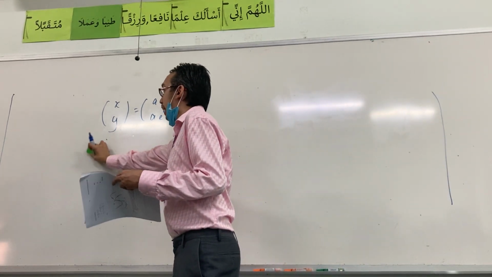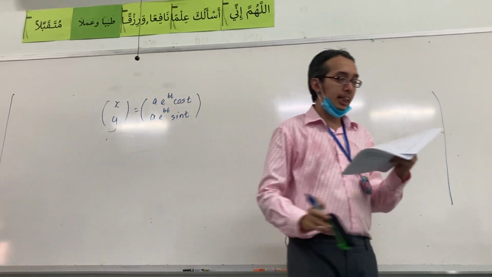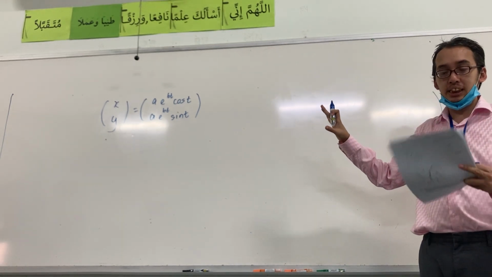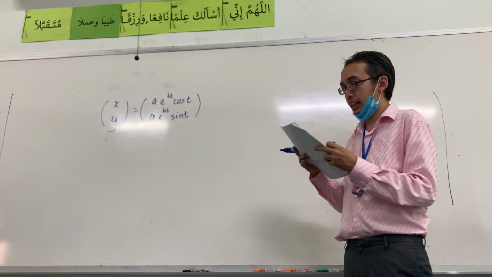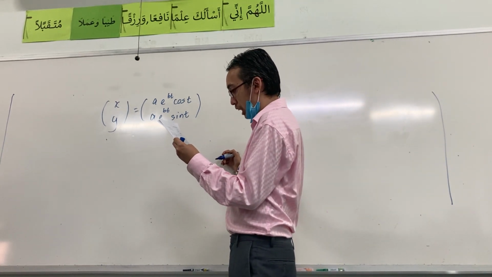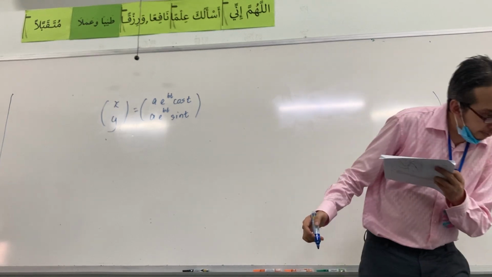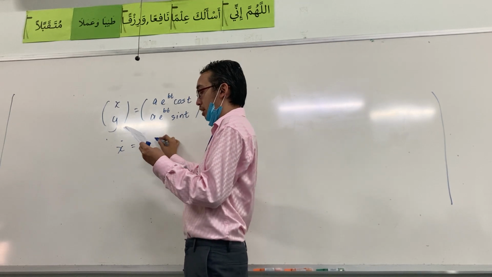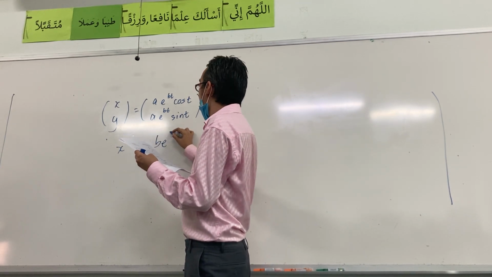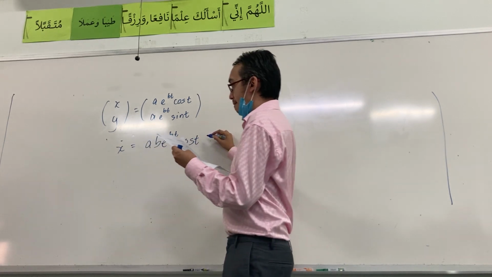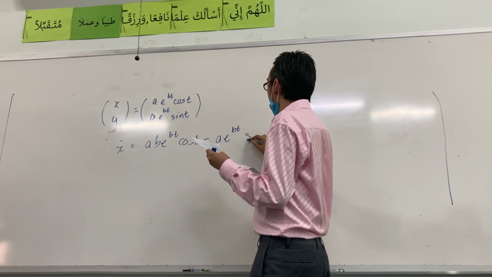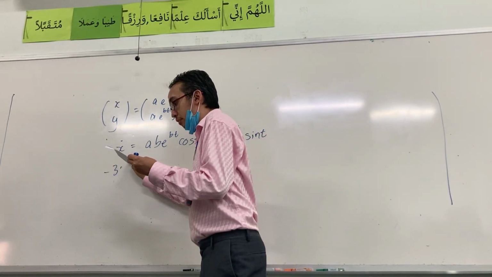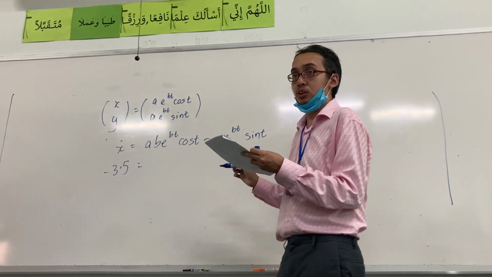Alright, so how do we find B? For B, we're going to make use of the next information that they give us. It's about the velocity. The velocity equation from earlier, I'm just going to focus on the negative 3.5, that means I'm just going to focus on the x. So x dot, the velocity, is A B e to the BT cos t minus A e to the BT sin t. But we know this is negative 3.5 at t equals to 0. That means you can plug it in.